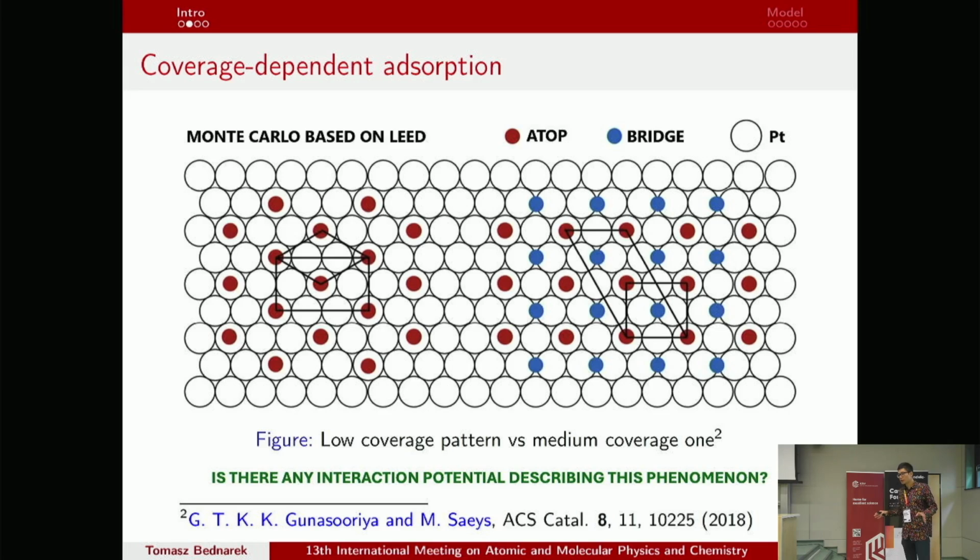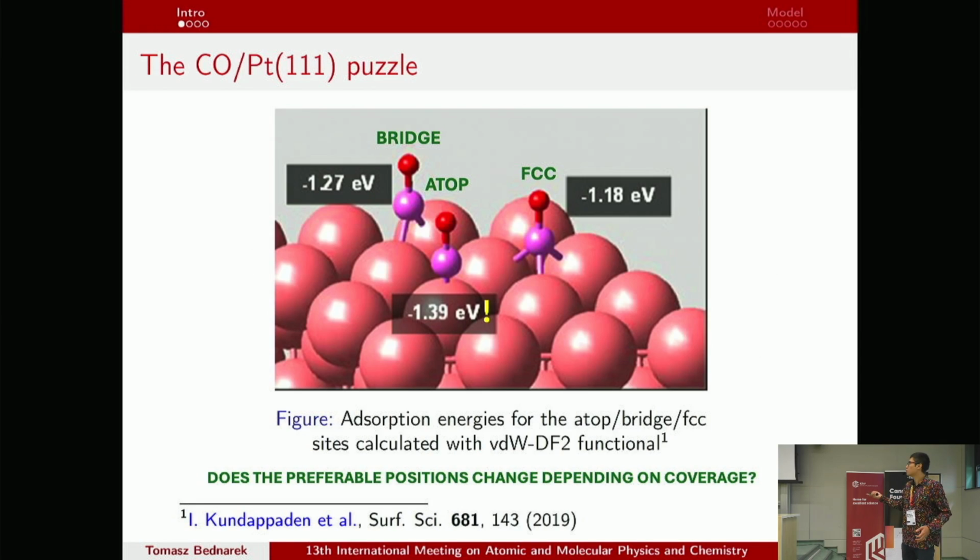That's good, that's fine. However, if we move to the medium coverage, that is half a monolayer, for instance, then we can actually see that the ratio of populations of the bridge position sites and A-top position sites is equal to each other, which shouldn't be the case because, as I told you, there is a huge discrepancy in energies between those two.